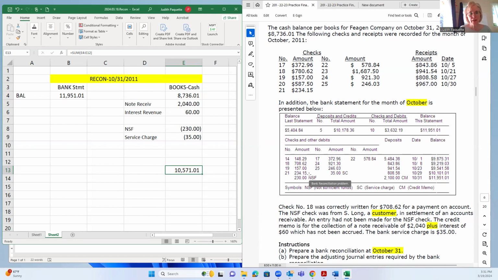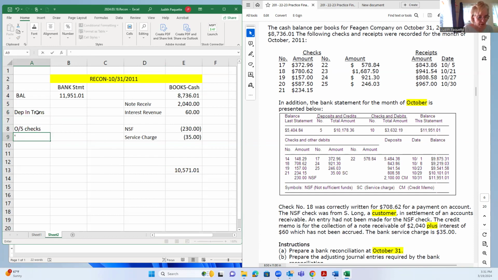So what does that mean? That means that it's still outstanding. So the term outstanding means it hasn't cleared the bank, even though the company has already deducted it. So let's leave some room here. We know we have 2 types of transactions here: deposits in transit and outstanding checks.